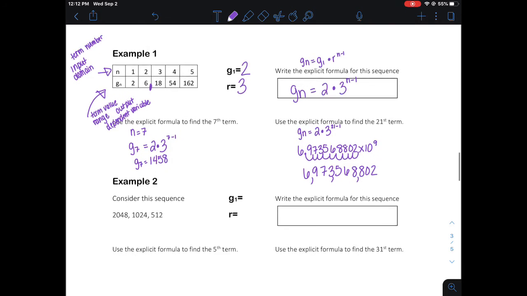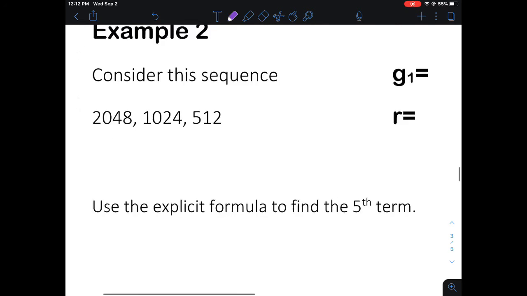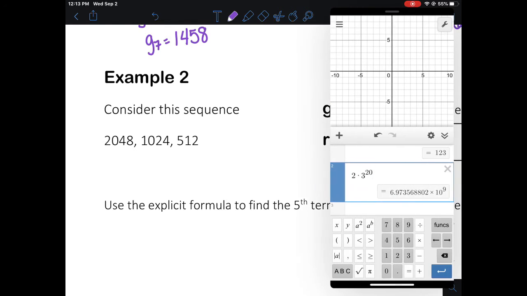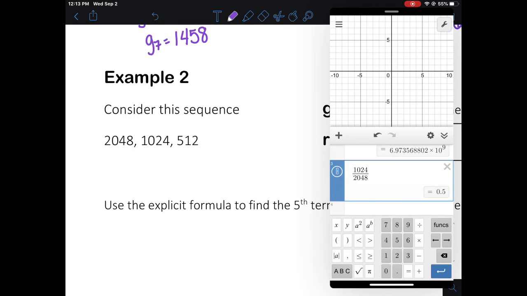Question number 2. Let's see if it's as exciting as that last one. Consider this sequence: 2,048, 1,024, 512. All right, what's my first term? 2,048. You are correct. Now, what do I multiply by to go down? My numbers are getting smaller. First number divided by the second number gives me a decimal.